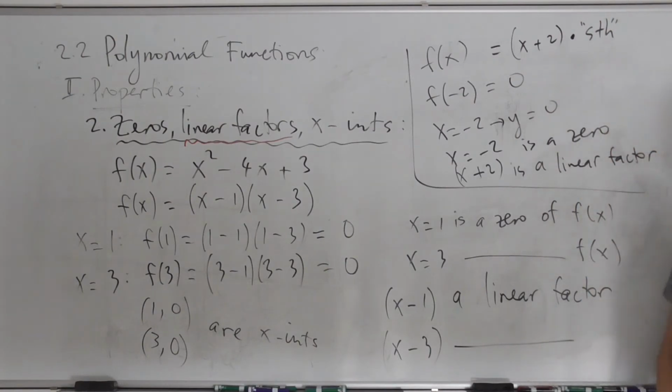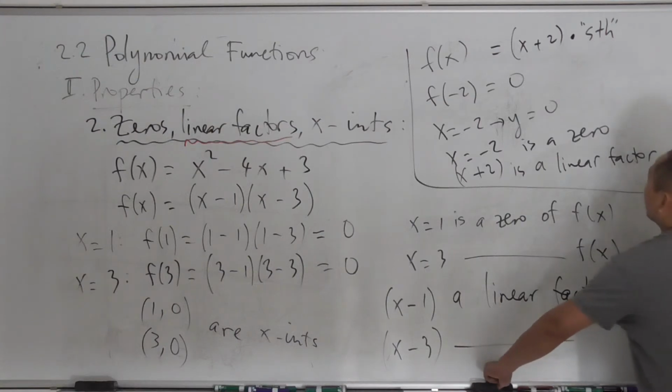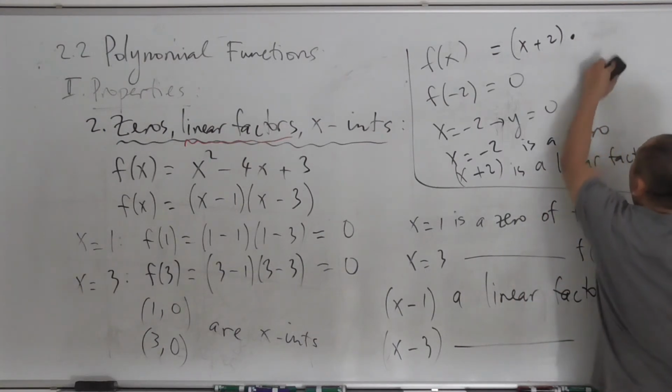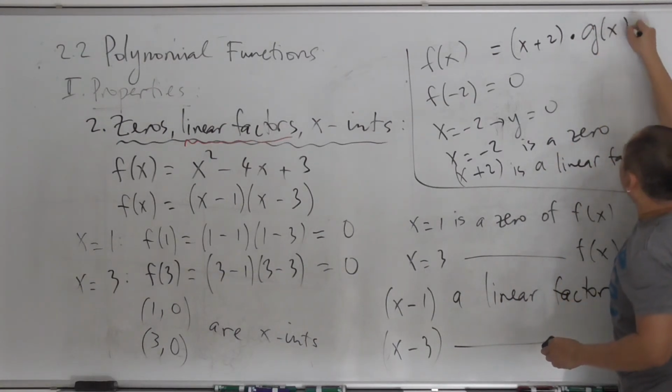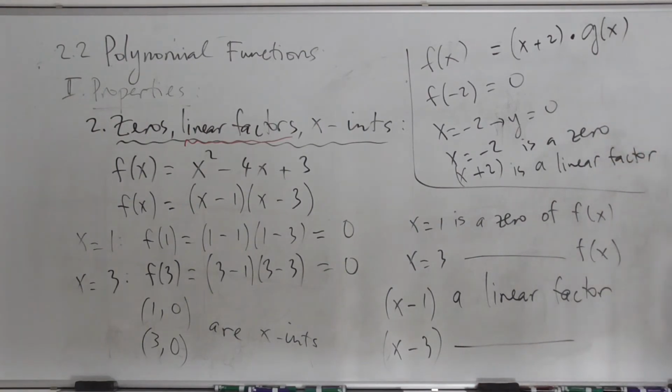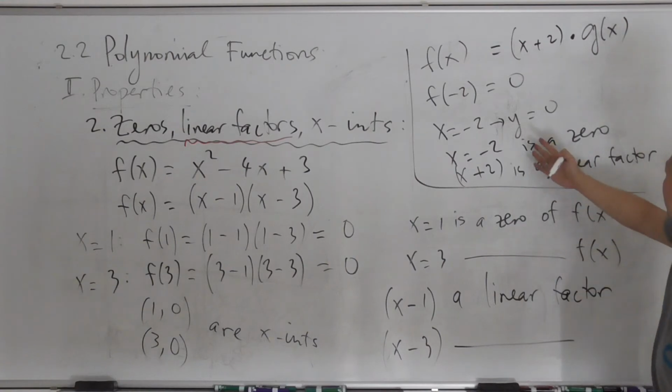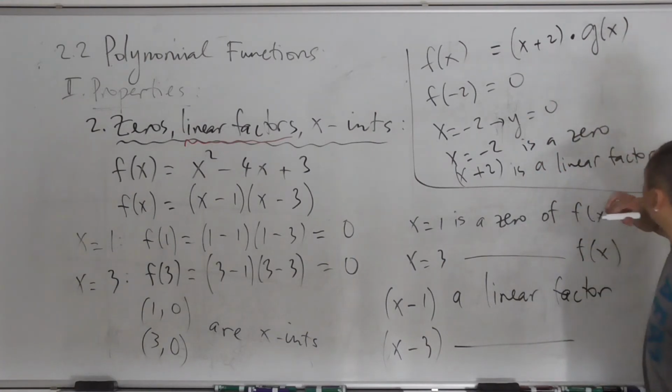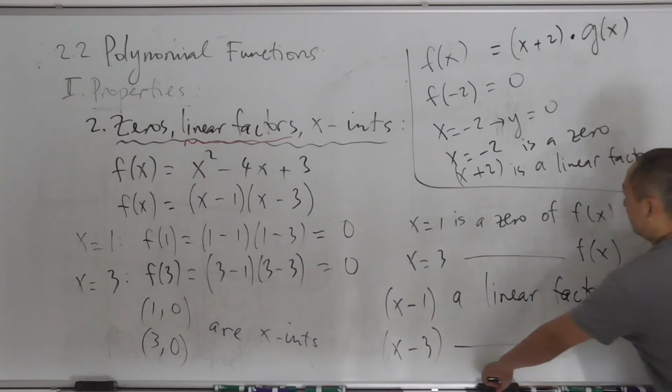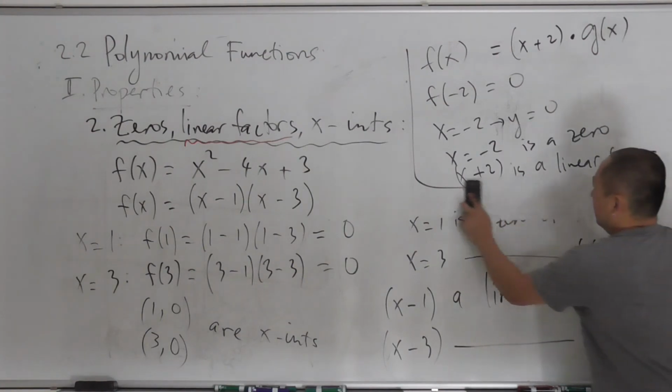Okay? There's a factor times something else. Let's call it like g of x. Not a function. Okay? And then the x-intercept is what? Let me erase this a little.